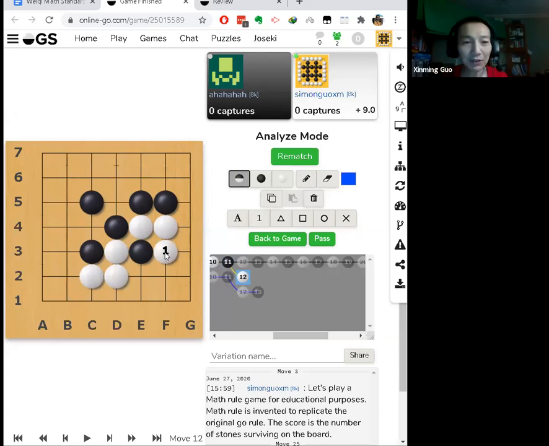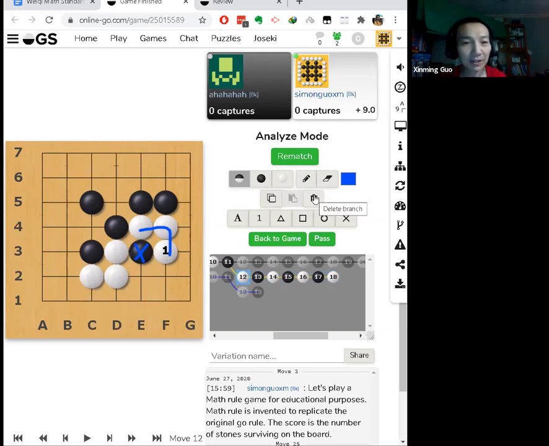If you play F3, you increase your qi and decrease the black qi to 1. That means black is in Atari. And if black escapes, you Atari again and capture. So there's no way for black to escape.